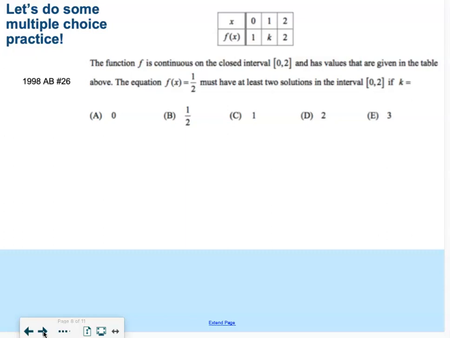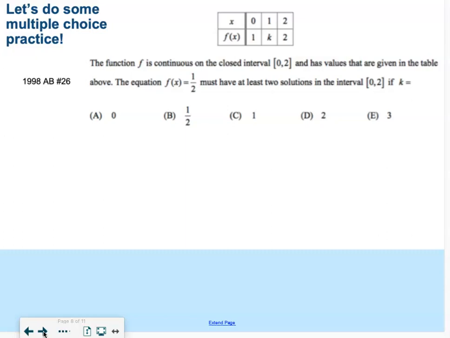So, this first one is from 1998, problem number 26. It was a multiple choice question. You have the cute little table above. It says, if f is continuous from 0 to 2, and has the values given in the table, the equation f(x) equals 1/2 must have at least 2 solutions on the interval from 0 to 2 if k equals which of those numbers?